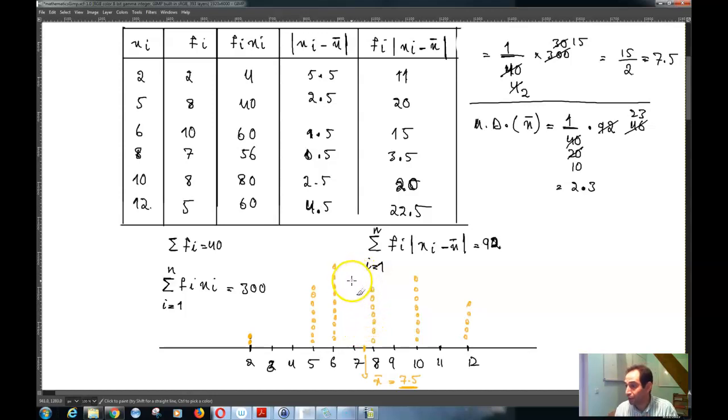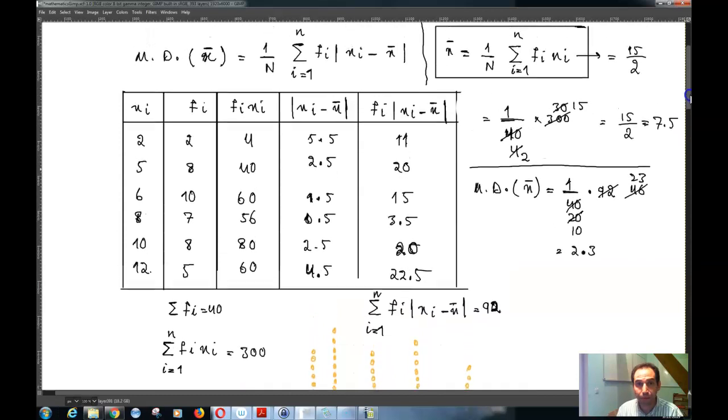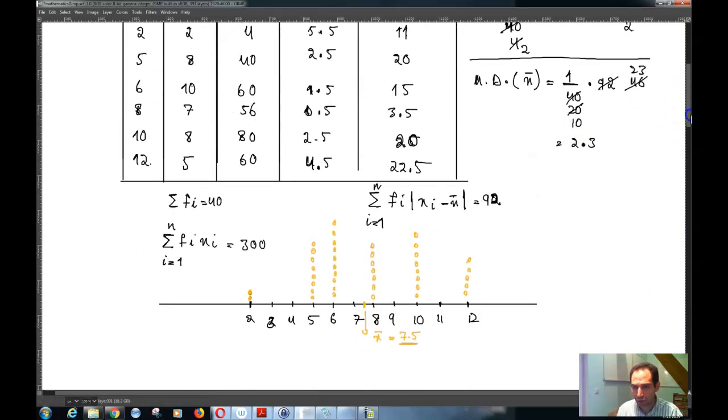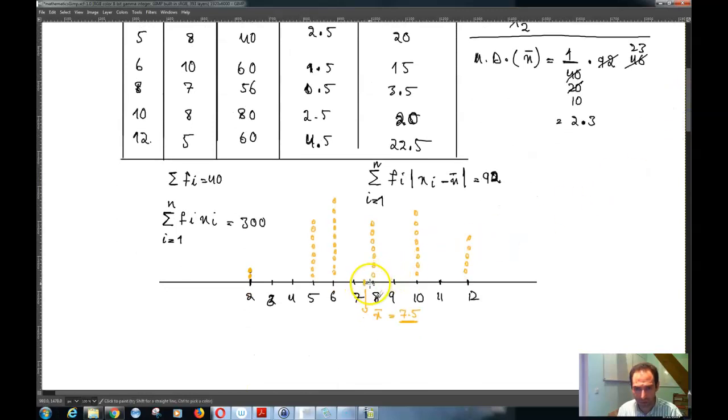Now the mean deviation about mean happens to be 2.3, so somewhere over here or over here. That number is based on how these observations are scattered around your mean.